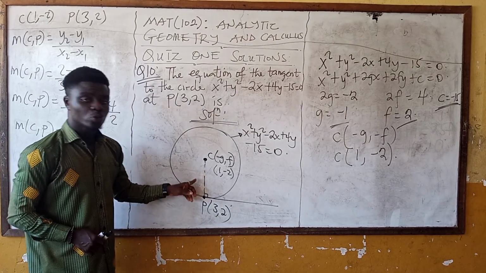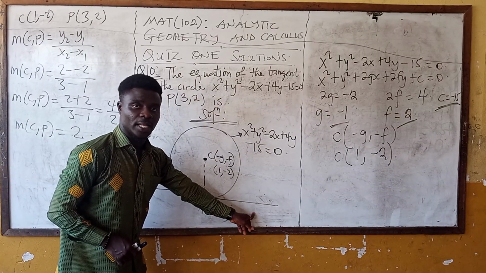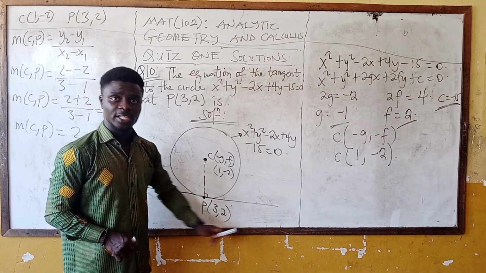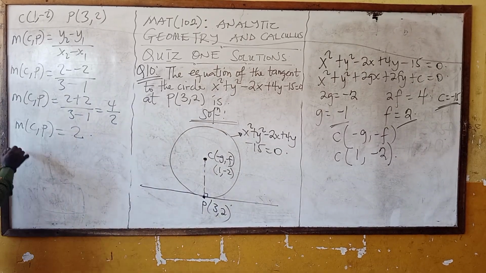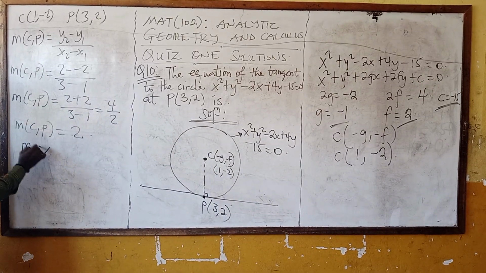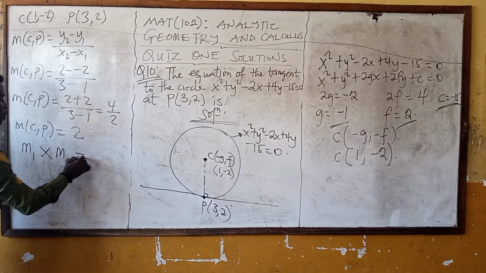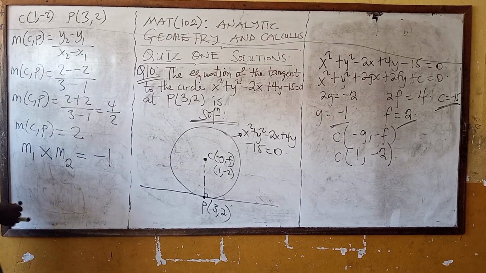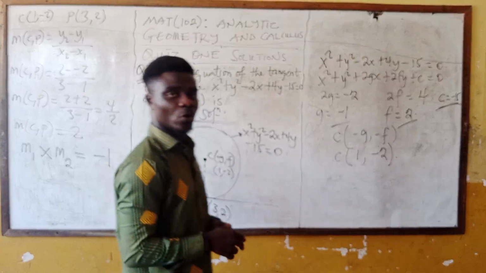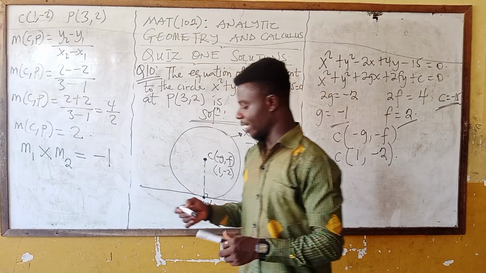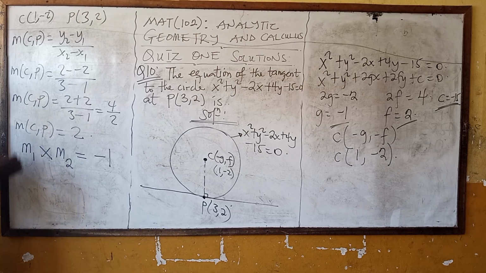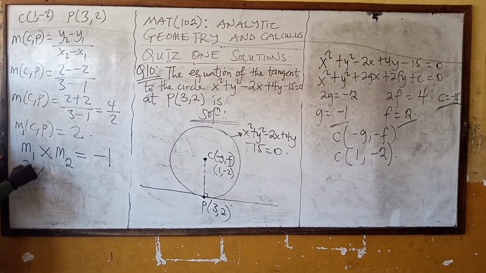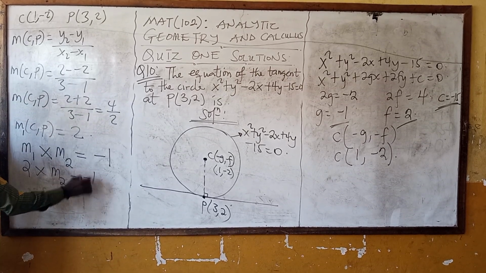Then, what will be the gradient of the tangent line? Because this line is perpendicular to the tangent line, we have to take the negative reciprocal, which is m1 times m2 must be equal to negative 1. The product of their gradients is negative 1. So now I know the first gradient, m1, is 2, so 2 times m2 equals negative 1.